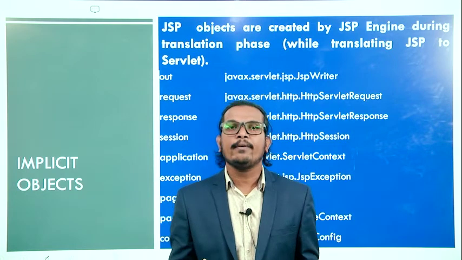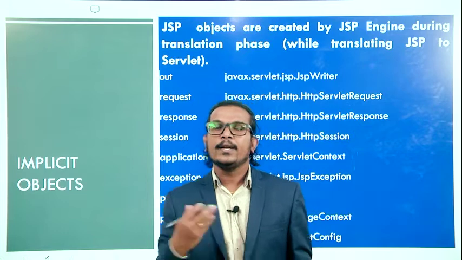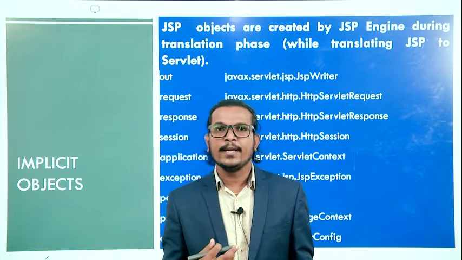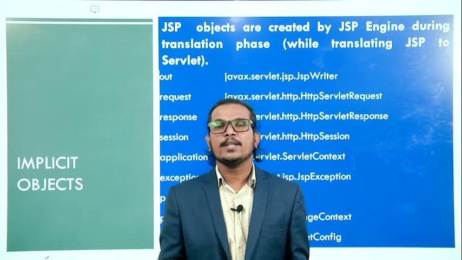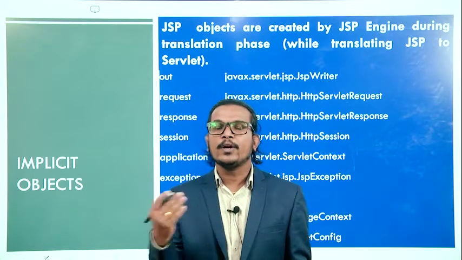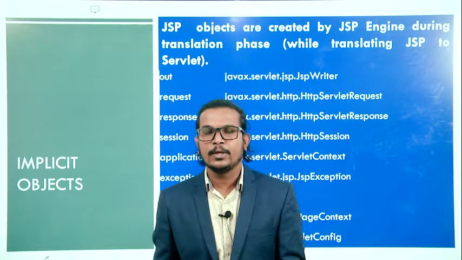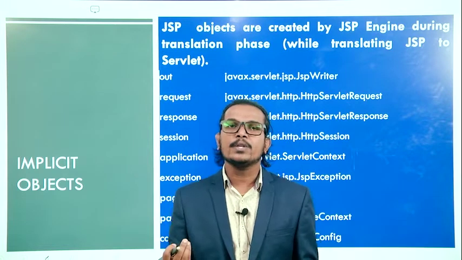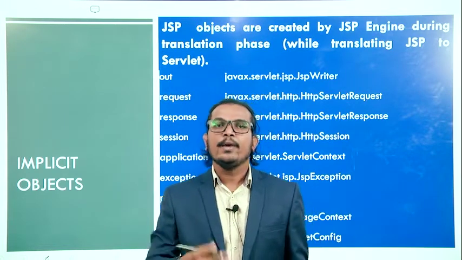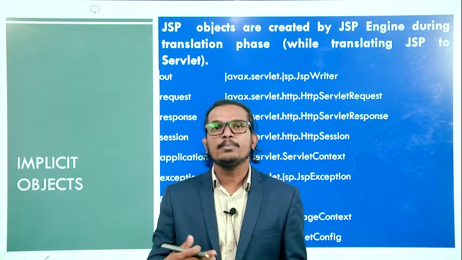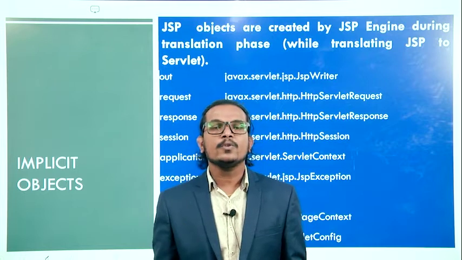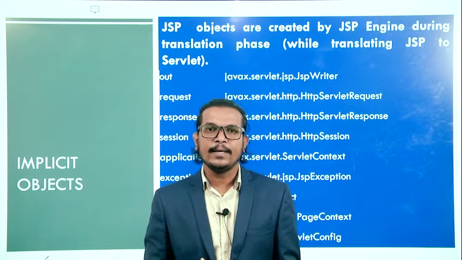If you are doing an expression evaluation, which tag do we use? The expression tag. Clear? If you want to declare, or do any initialization of a particular object, we use the declarative tag. Clear? If you want to write normal Java code, we take the help of the scriptlet tag, right?